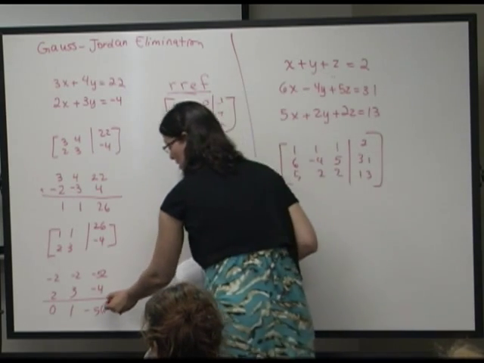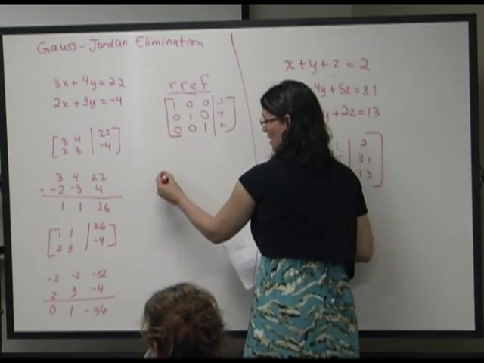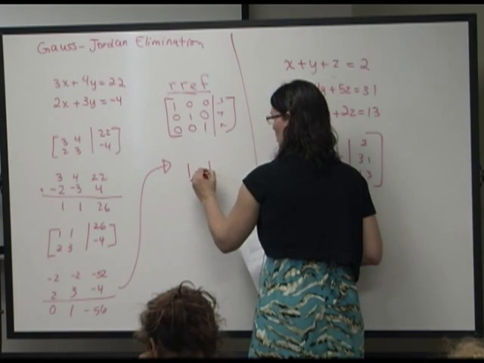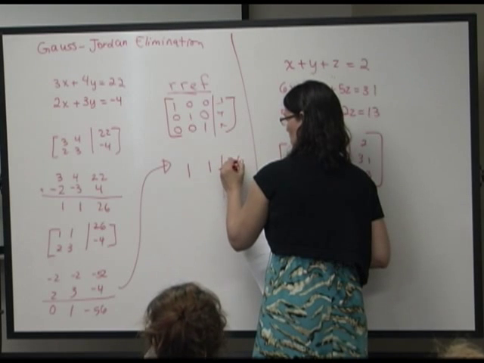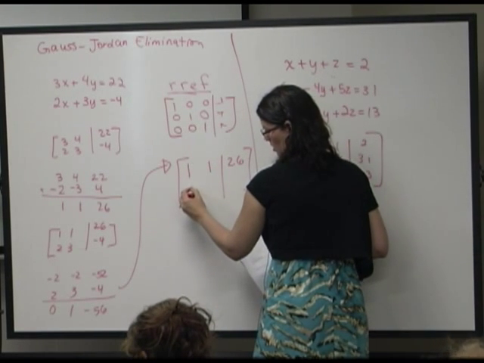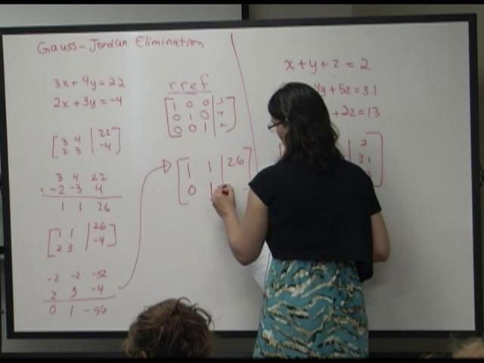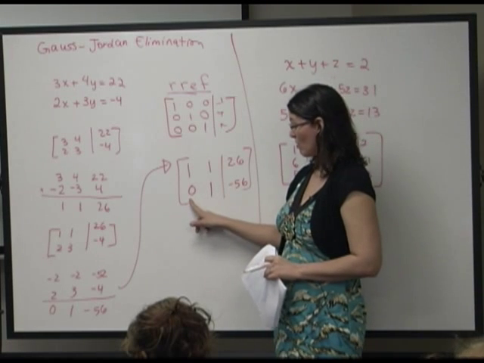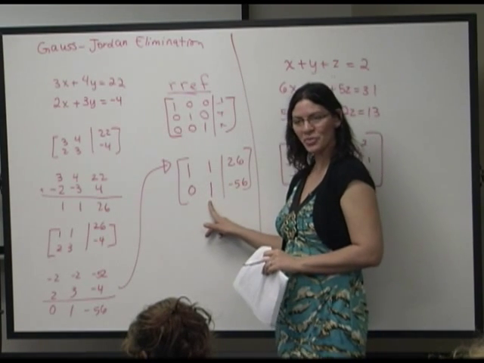Now that will be my second row, right? The first one stays the same, and I'm going to continue this way. 1, 1, 26, 0, 1, -56. So I already have a 0 here, and just conveniently, this one is also a 1, so I don't have to do that one.